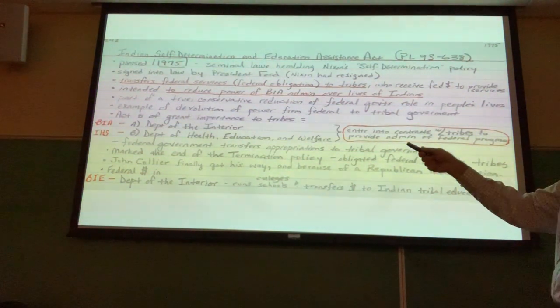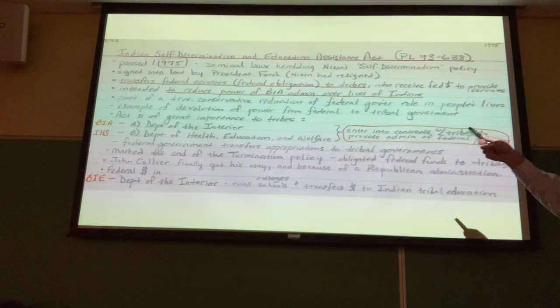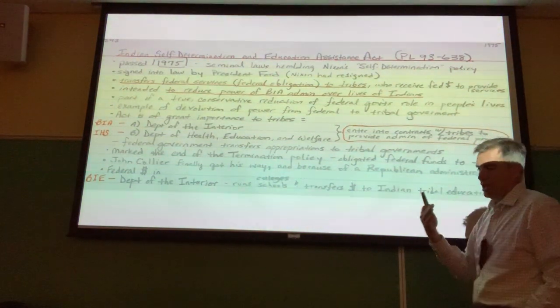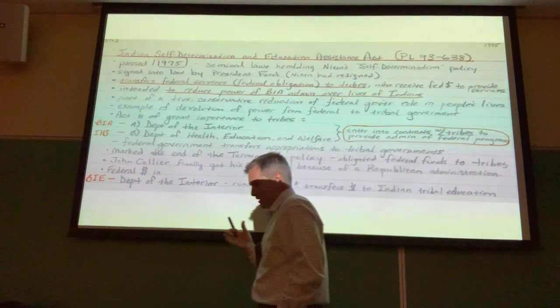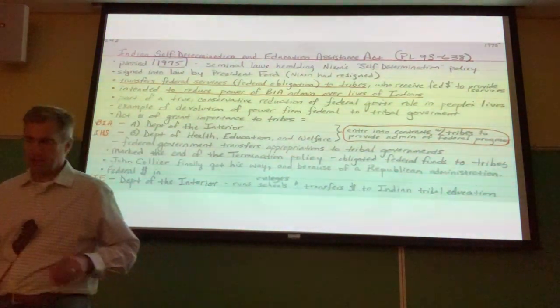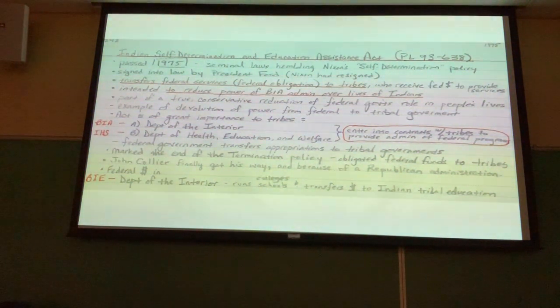What it does is it transfers federal services, that is, the federal trust obligation. Remember, it's not saying that the federal government doesn't have the trust obligation. It's saying that the services that the United States federal government had always provided to the tribes, or to tribal members, that responsibility can be transferred to tribes and tribal governments if they want it.